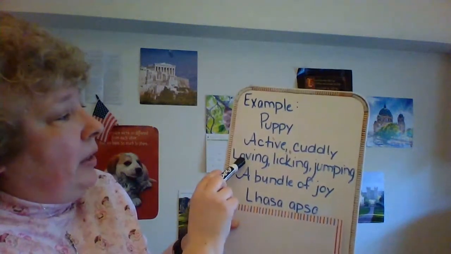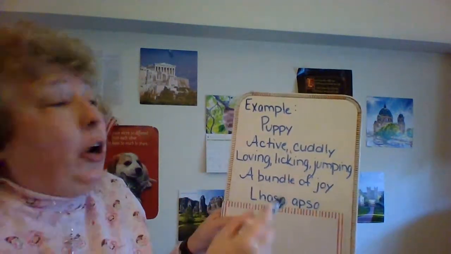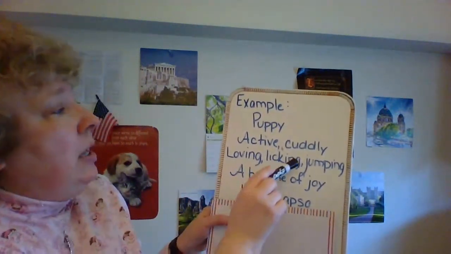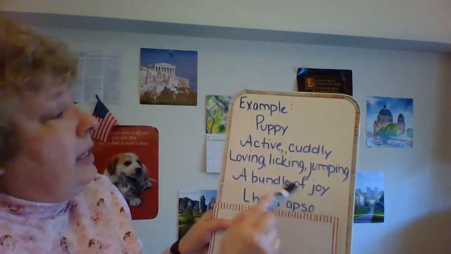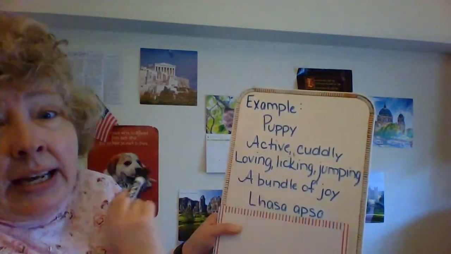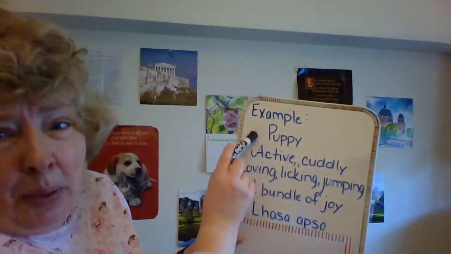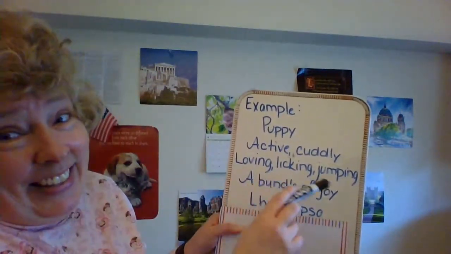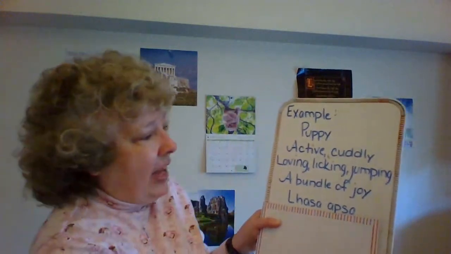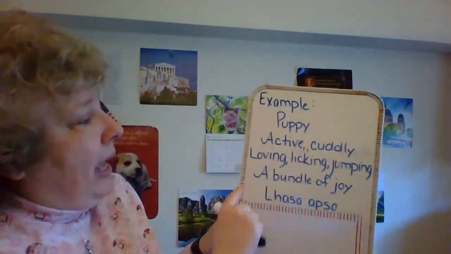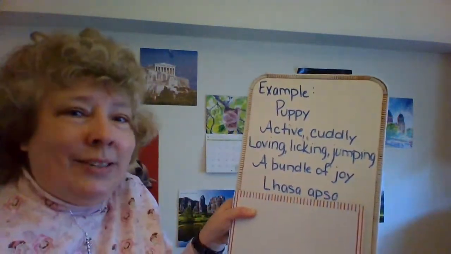See? They would be love, lick, jump. But now they're loving, comma, licking, comma, jumping. Same thing up here. Comma between active and cuddly. So 3 ing. And it's all about the puppy. Loving, licking, jumping. And then here's my phrase, all about the puppy. A bundle of joy.